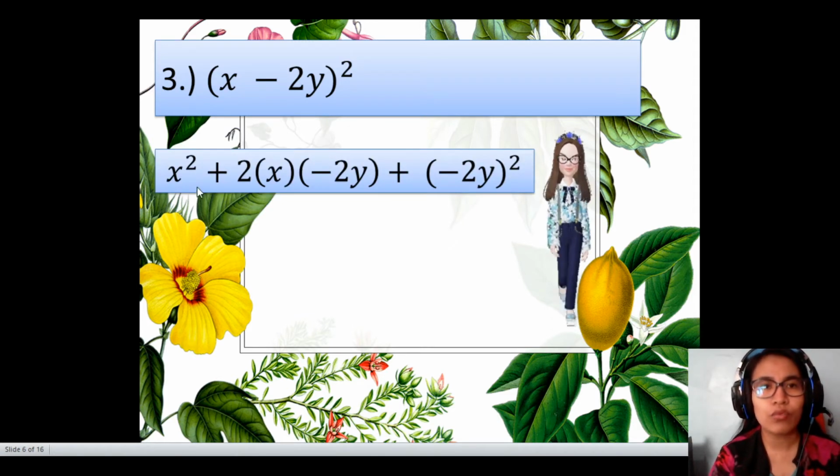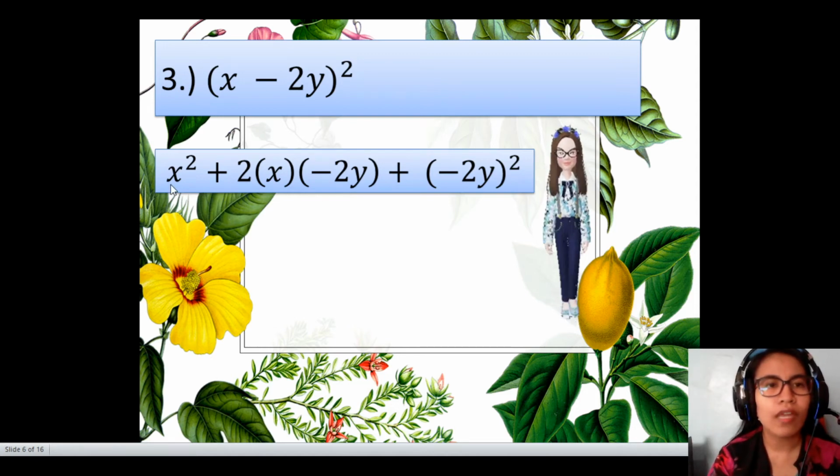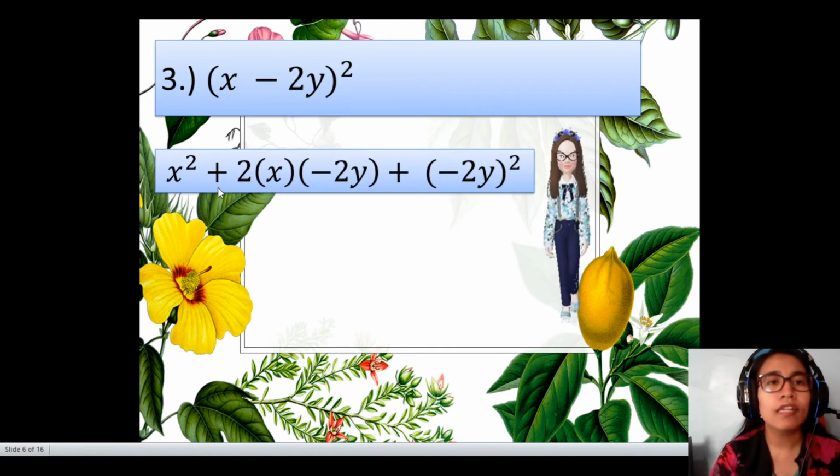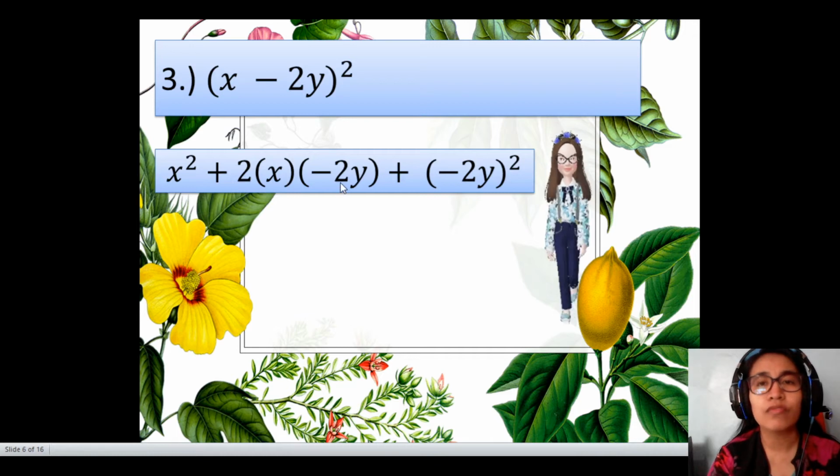So you have x squared plus, I use plus always, then just put the sign of that given in a parenthesis. So I will not get confused. So we have x squared. Again, you can put it in a parenthesis. You can just write it. Doesn't matter. Then we have 2 times x times negative 2y.